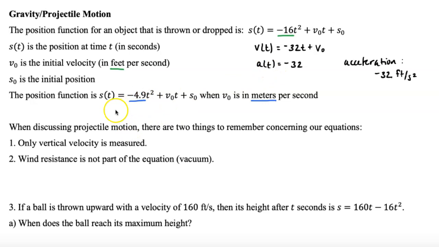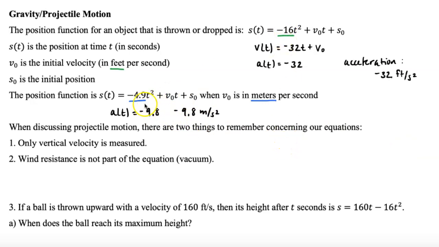And then my acceleration would be negative 9.8. So in meters, I'd have that acceleration due to gravity of negative 9.8 meters per second squared. This is kind of the one we might be more familiar with from a physics class.